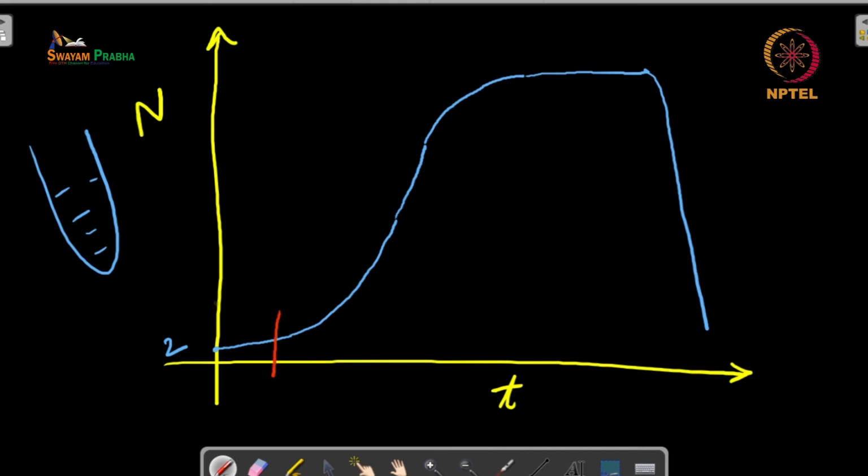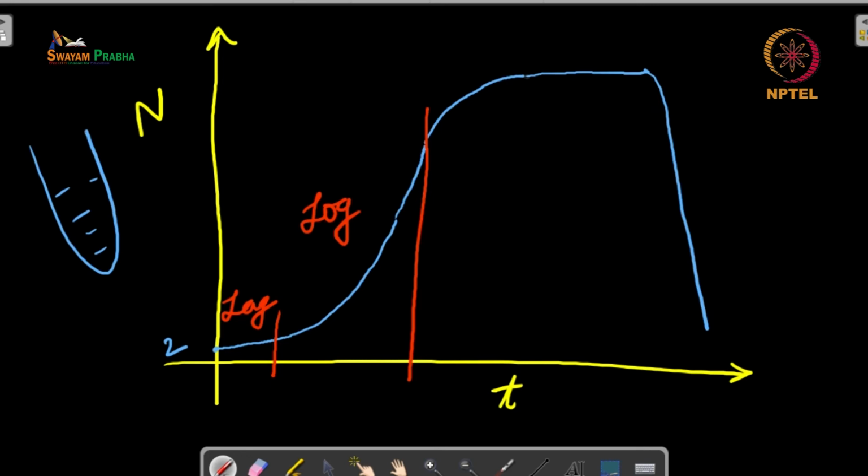The first one is known as the lag phase, because here the parents are fewer in number, and so the population grows, but it grows very slowly because you do not have a sufficient number of parents. Then the second phase is known as the log phase, where we actually find a logarithmic or an exponential growth.